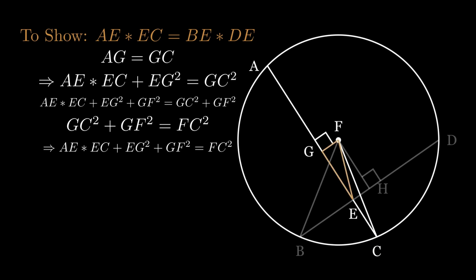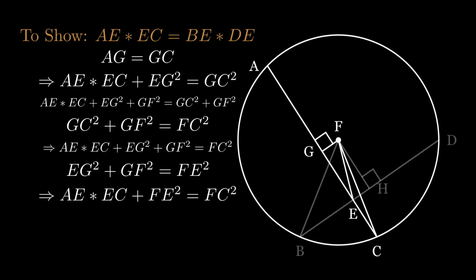Since triangle FEG is also a right triangle, EG squared plus GF squared is equal to FE squared. Therefore, AE times EC plus FE squared is equal to FC squared.